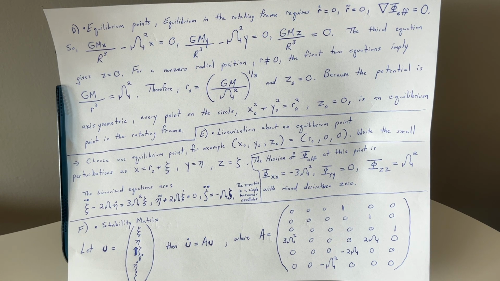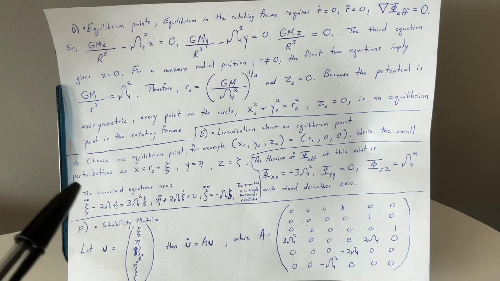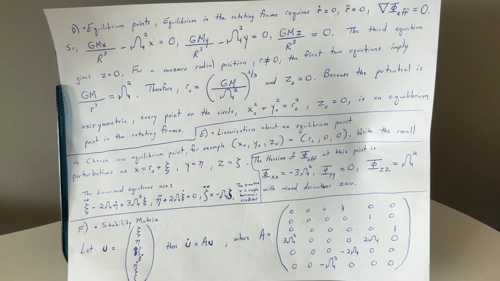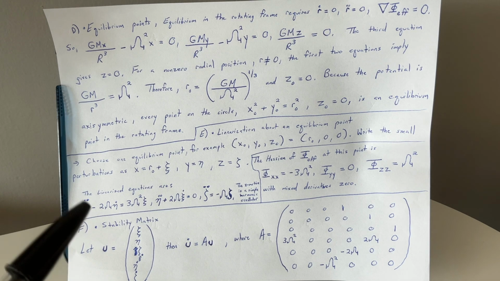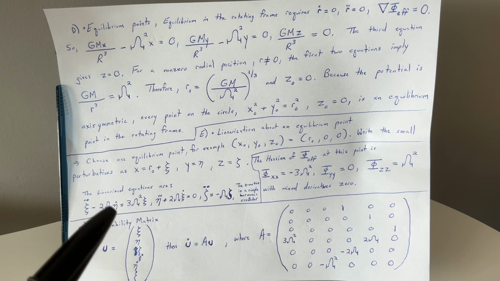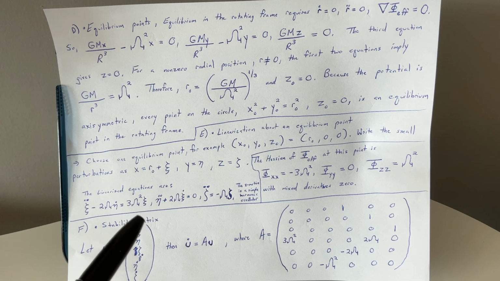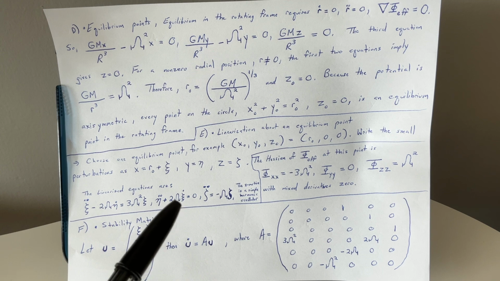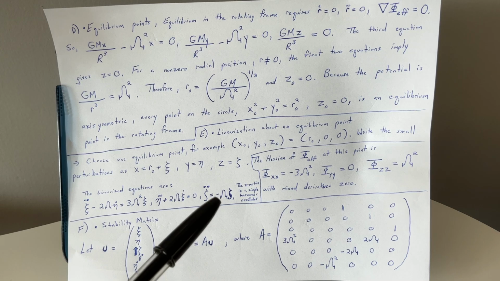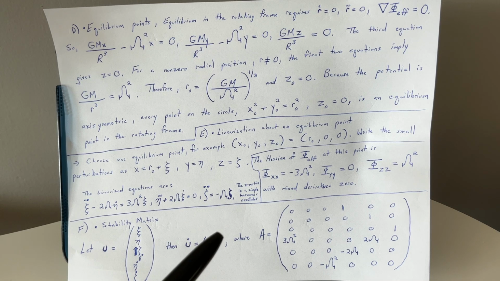And we can finalize here. The linearized equations are as follows: xi double dot minus 2 omega eta dot equals 3 omega squared xi, eta double dot plus 2 omega xi dot equals 0, and zeta double dot equals negative omega squared zeta.